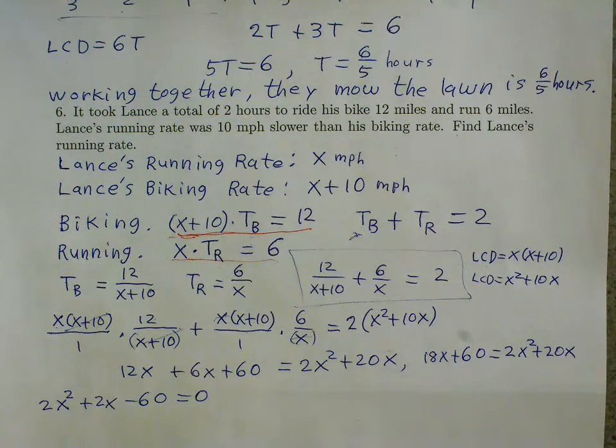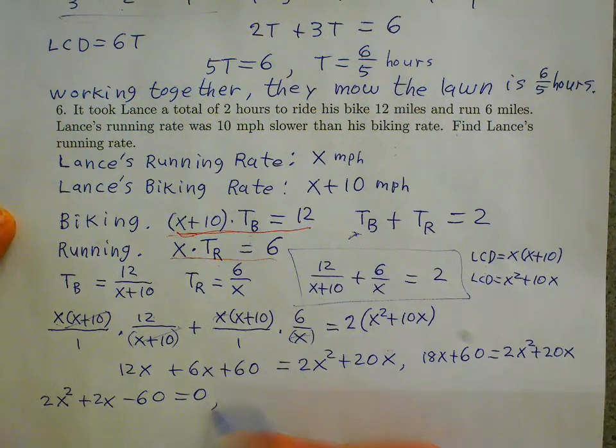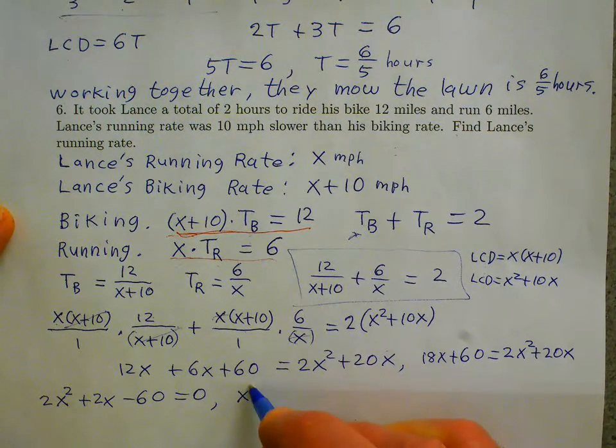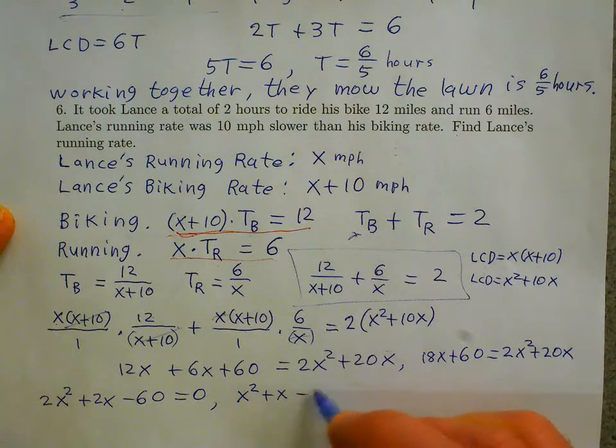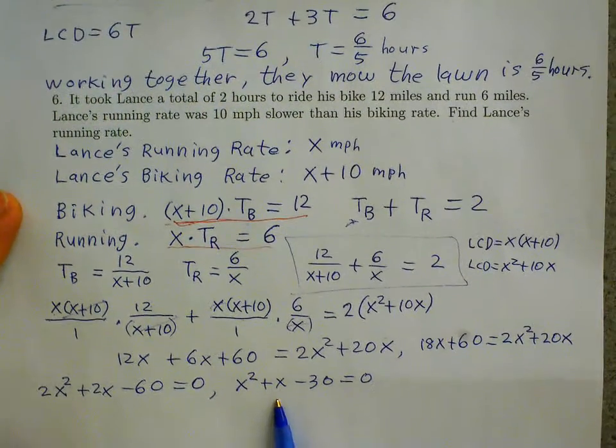Notice that every term is divisible by 2. So we can divide every term on both sides by 2, and we get x squared plus 1x minus 30 equals 0. And this is fairly simple to factor.